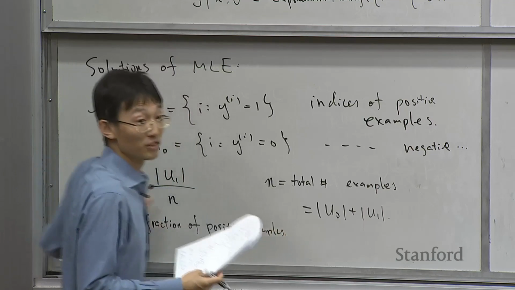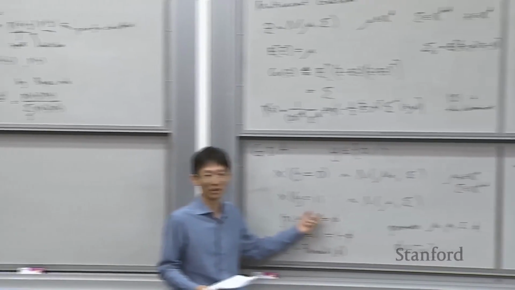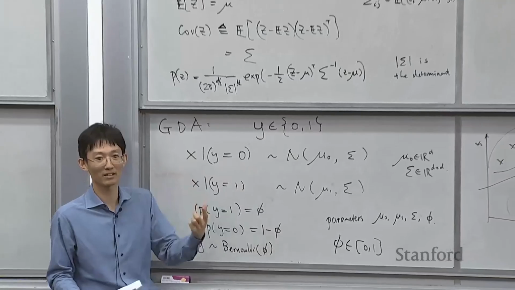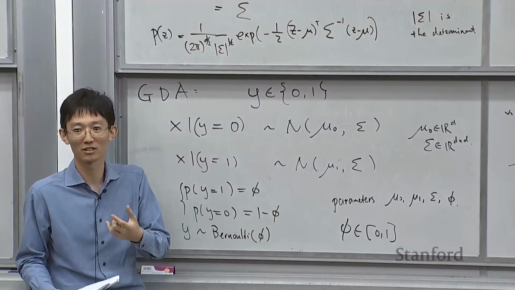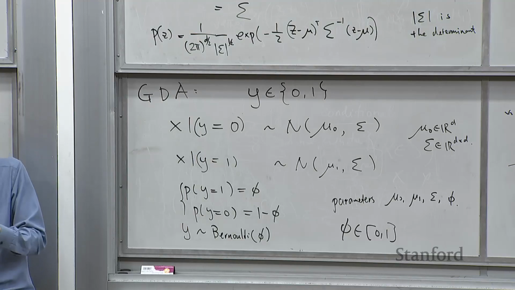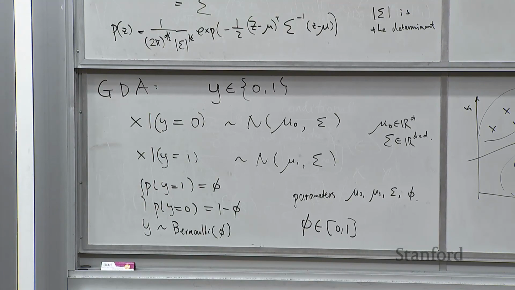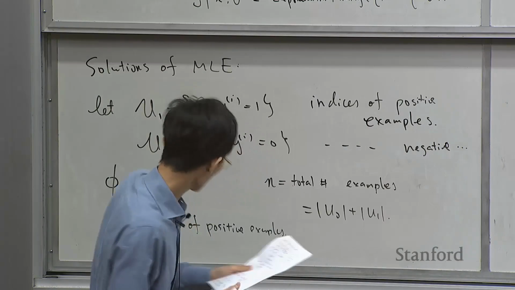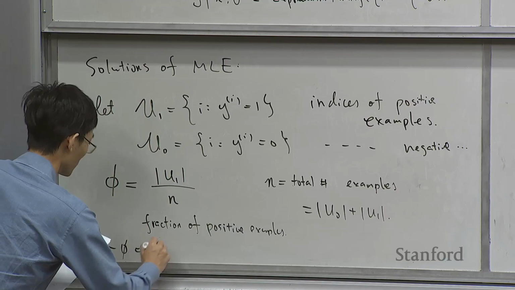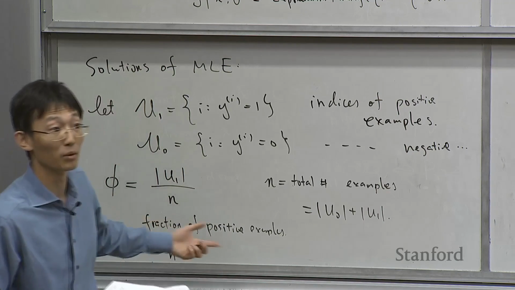So this is the phi you learn. phi is supposed to be the probability of y being 1; that's your modeling choice. And it turns out that if you learn it from data, it will be exactly the fraction of positive examples in the data. So this is the most likely phi that can generate your data, which is exactly the same fraction as in the empirical data. And of course, 1 minus phi will be the fraction of negative examples in the data.